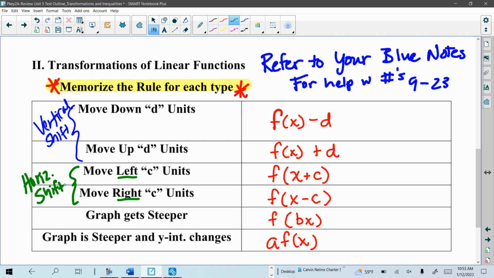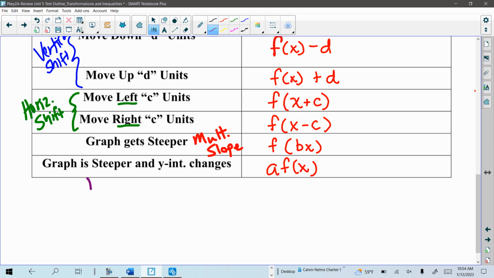Anything dealing with steeper means you have to multiply to the slope. If it gets steeper and the y-intercept changed, this is stating that you multiply to the whole function, excuse me. Okay. So notice that the A is outside the parentheses versus here, the B is inside. So this is B times the slope.